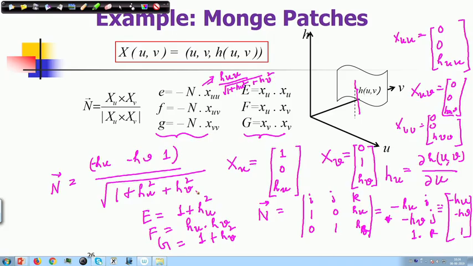And similarly for f it is minus h_uv by this magnitude, and for g it is, no, all are minus, so that should be again minus h_vv of this.